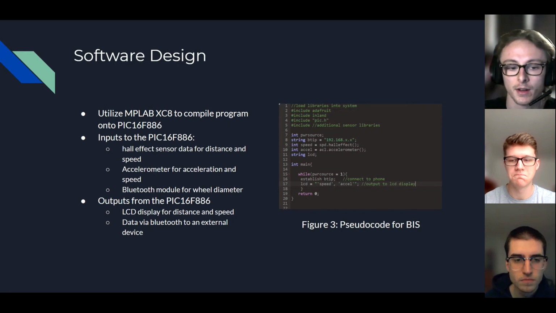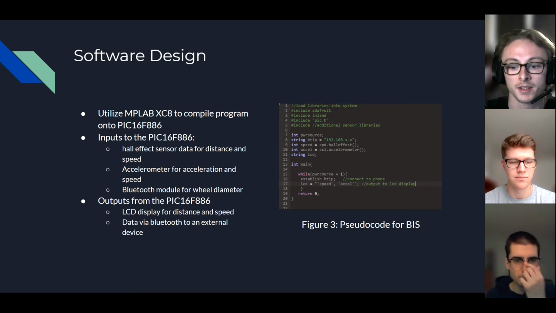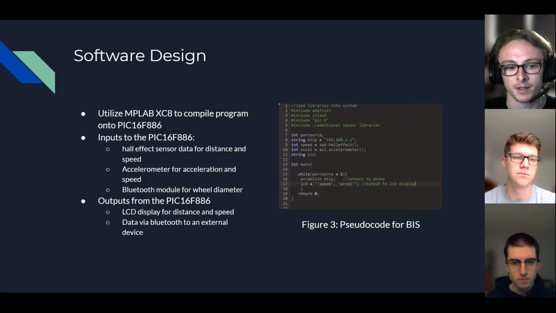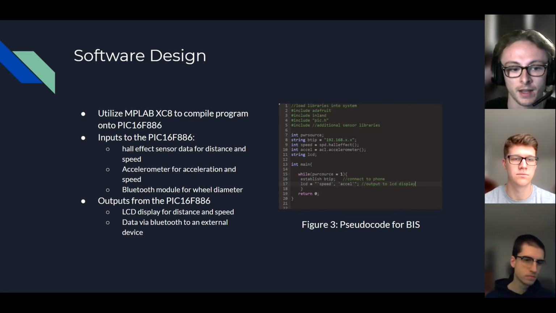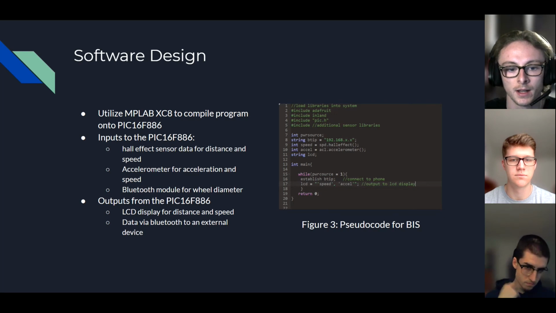So for the software design of our project, we will be using the same IDE that we've been using in previous labs for this class, which is the MPLAB XC8, in order to compile the program and load it onto our PIC16F886 microcontroller.